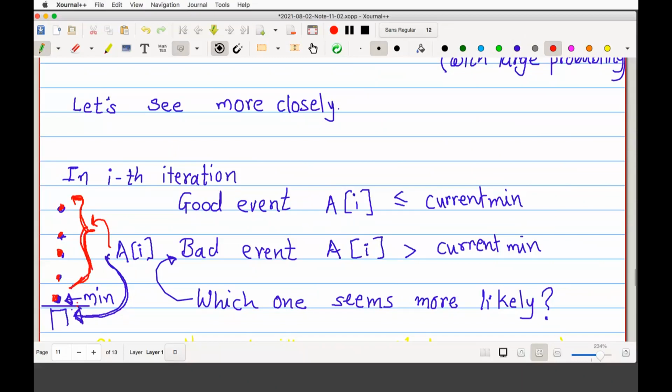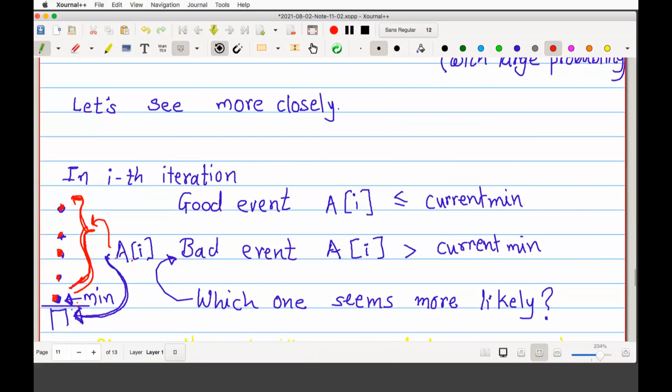So if we think of the first i elements as uniformly permuted, so if every permutation is equally likely, then what is the probability that Ai will fall below the current minimum? In fact, I'm asking what is the probability that Ai is the minimum among the first i elements?